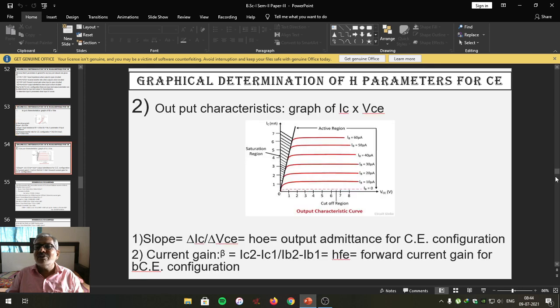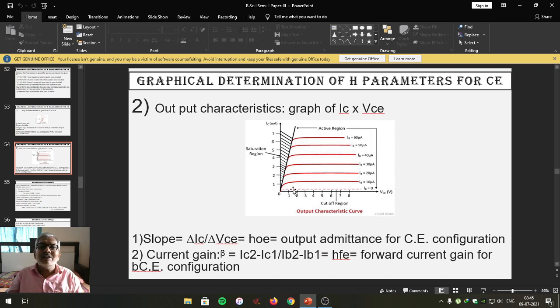Let us go for calculations of output parameters. Obviously for that we have to plot the output IV characteristics, which is the graph of IC versus VCE, which we have already studied. We are considering that graph directly here.